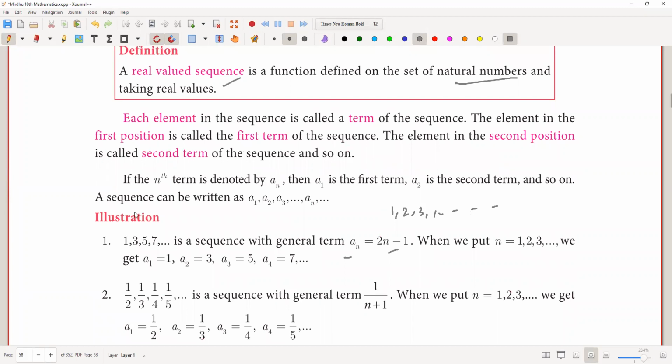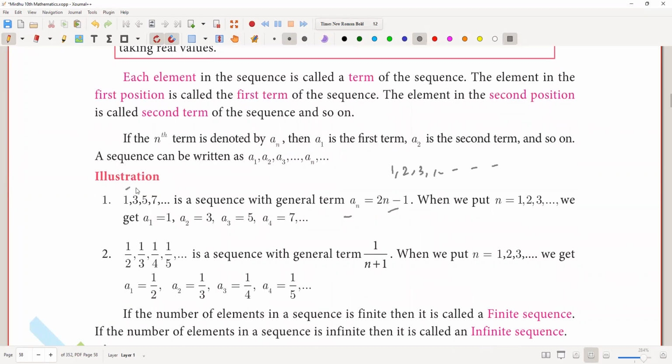So let's see: 1 3 5 7 is a sequence with general term 2n minus 1. If I put n equal to 1, 2 into 1 minus 1, that is 1. If I put 2, 4 minus 1 is 3, then 5, 7. So the sequence of odd numbers would be 2n minus 1.